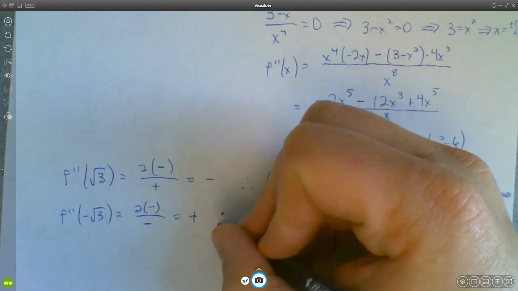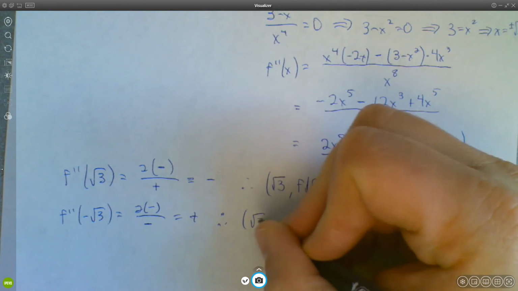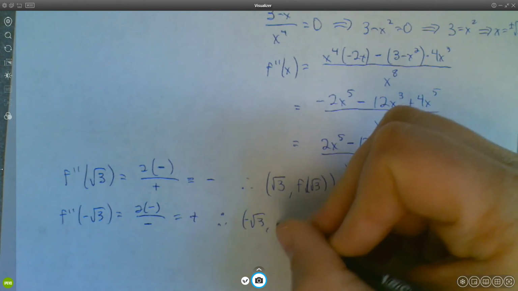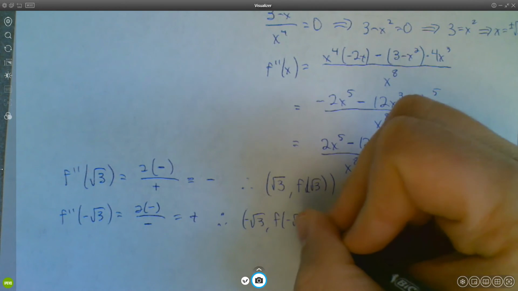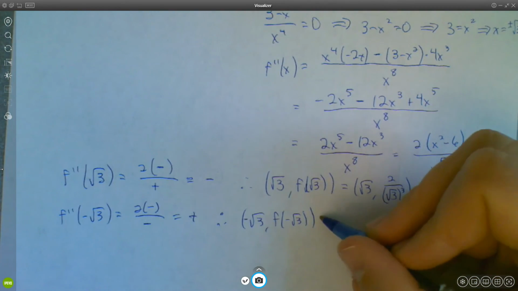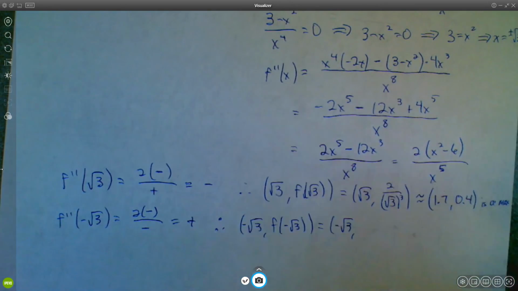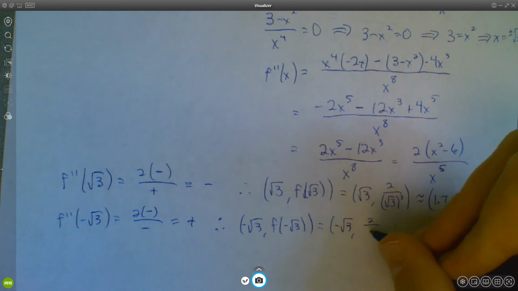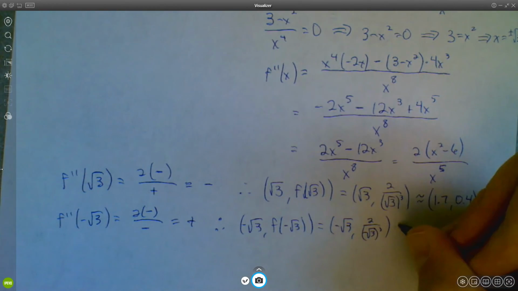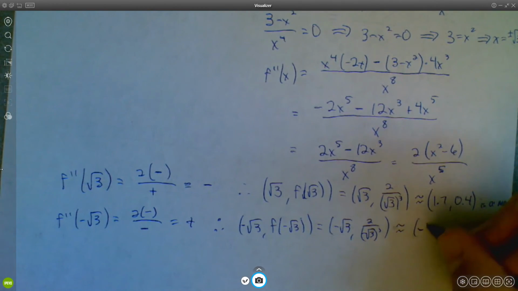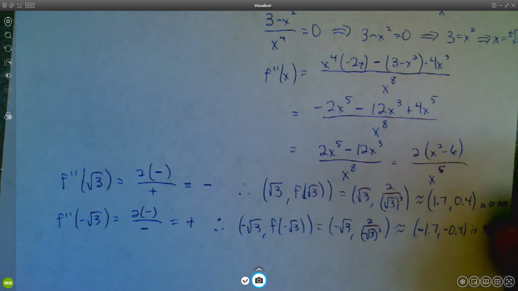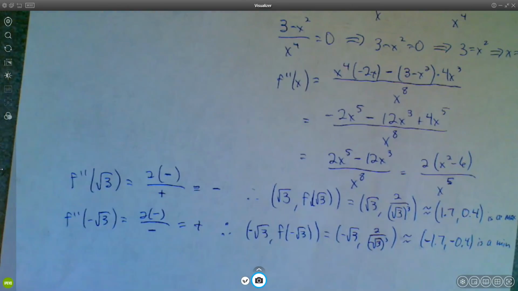So f of negative root 3, which is 2 over negative root 3 cubed, is going to be approximately negative 0.4. So the point negative 1.7, negative 0.4 is a minimum.